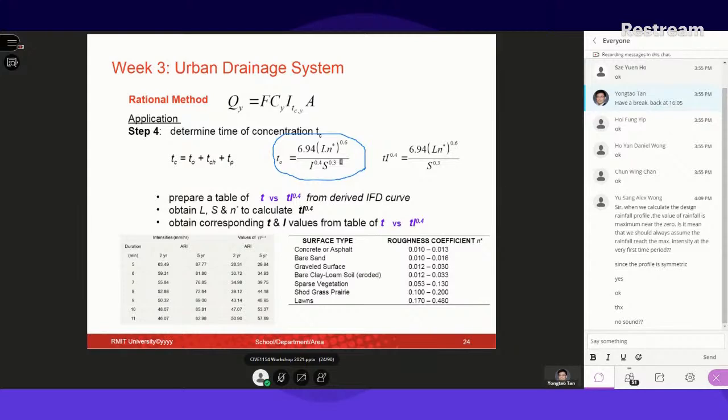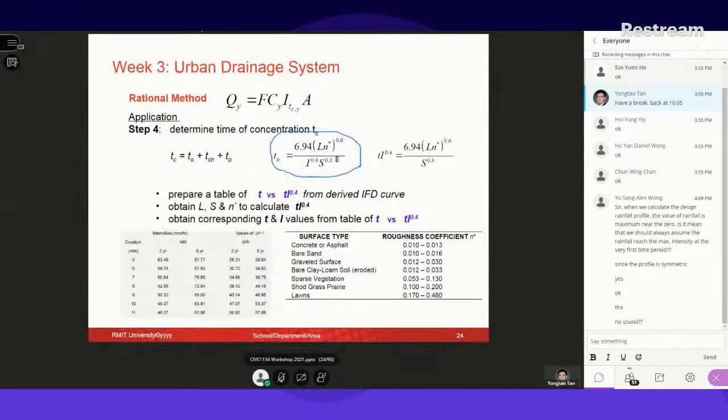L is the flow path length. S is the slope. N with asterisk is the surface roughness. It's not the Manning's N value; this is different from the Manning's N value. N is the surface roughness coefficient, and you can get this N from this table.